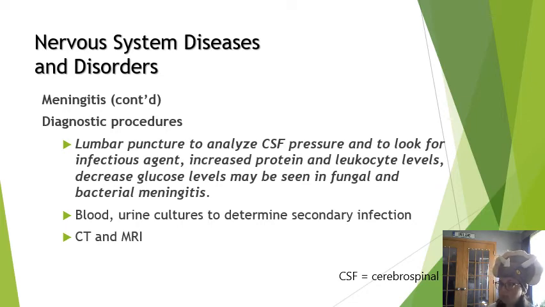Decreased glucose levels may be seen in fungal or bacterial meningitis because sugar, like glucose, is the food source for microorganisms. So if there's a decreased level of glucose, there might be something actually swimming around in that fluid that is eating up that sugar. Besides analyzing CSF, blood and urine cultures are set up to determine secondary infections, and scans usually are on the list as well, the CT and MRI.